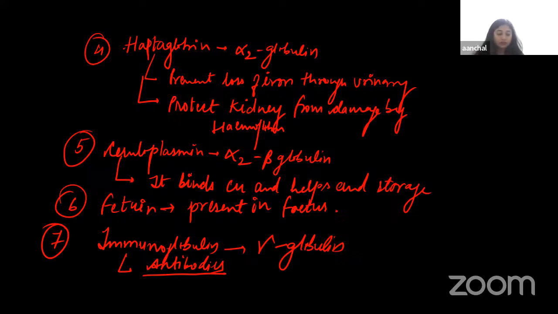Now, next we have the functions of plasma protein, a very important topic. Why are plasma proteins very important? Okay, so as the name suggests, various plasma proteins we have discussed.